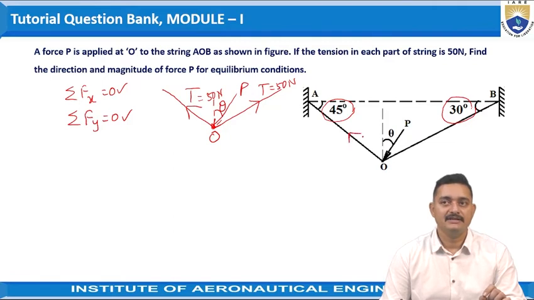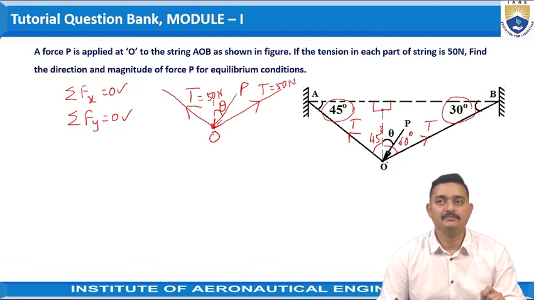That means if we take T here and T here, when this is 90 degrees, this would be 45 degrees, and this total inclination would be 60 degrees. So that is the problem given.